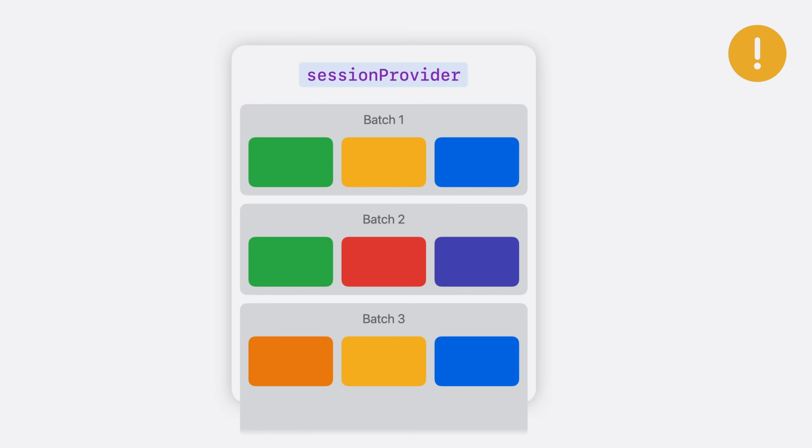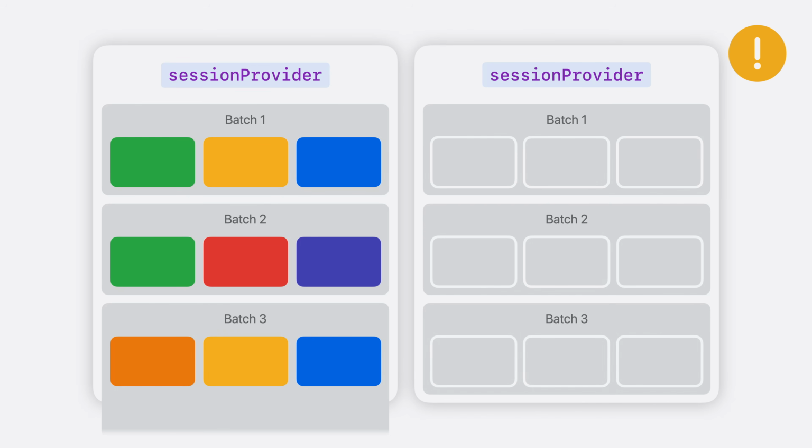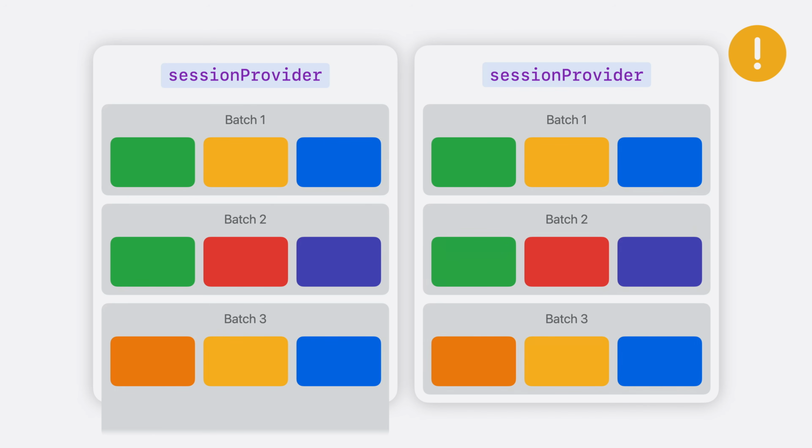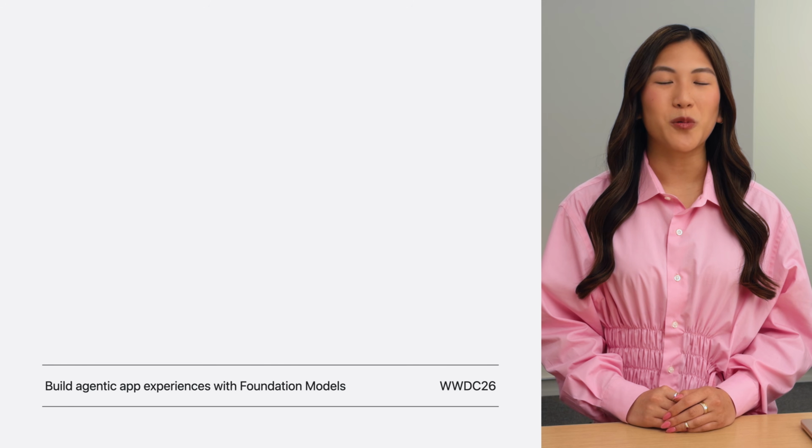In that case, the generator calls the session provider again to get a fresh one to continue generation. But this won't contain context from the previous session, so make sure the instructions in your session provider are self-contained and don't assume it will only be called once. To learn more ways to mitigate against context size limits, watch the video Build Agentic App Experiences with Foundation Models.